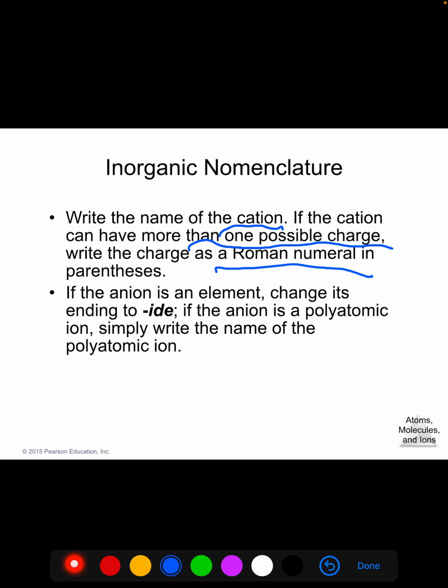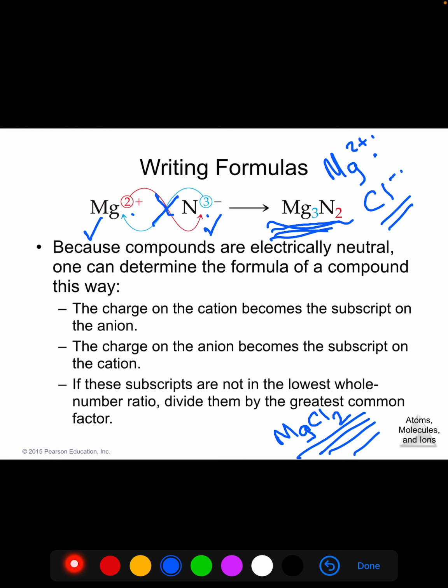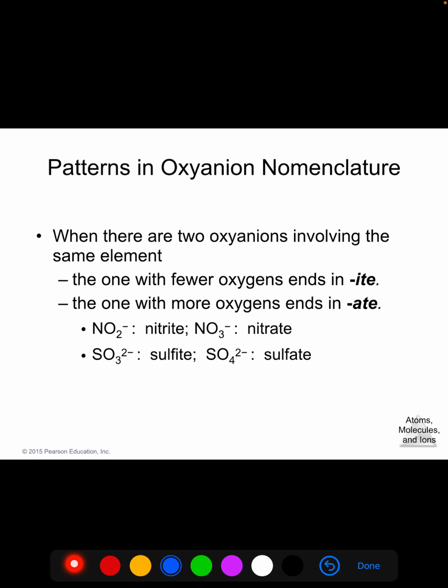If an anion is an element, you change its ending to "ide," phosphide, sulfide, nitride, oxide, chloride, and then write the name of your ion. In this case, it was magnesium nitride, and in the case I gave you down here, it was magnesium chloride. Okay? Now, those polyatomic ions get complex.